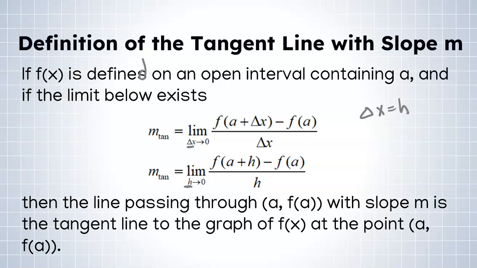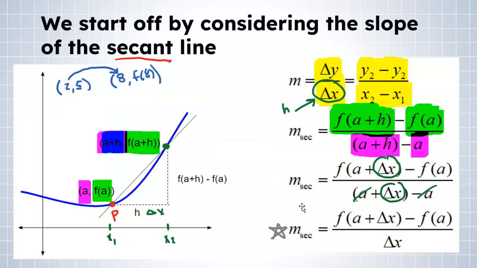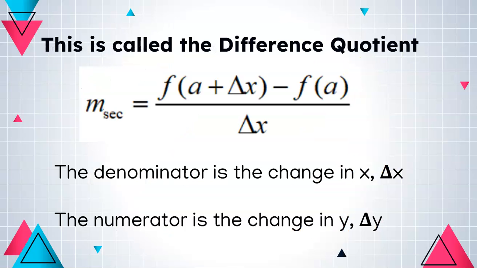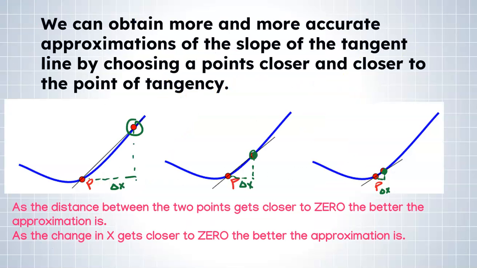Okay, let's back that up one more time. Here is how I found the slope of the secant line. It's simply slope between 2 points. We call that formula the difference quotient. But if we allow the denominator, the change of x, to slowly get smaller and smaller, closer and closer to 0, the slope of that secant line gradually turns into the slope of the tangent line, which is what we're trying to find in this video.